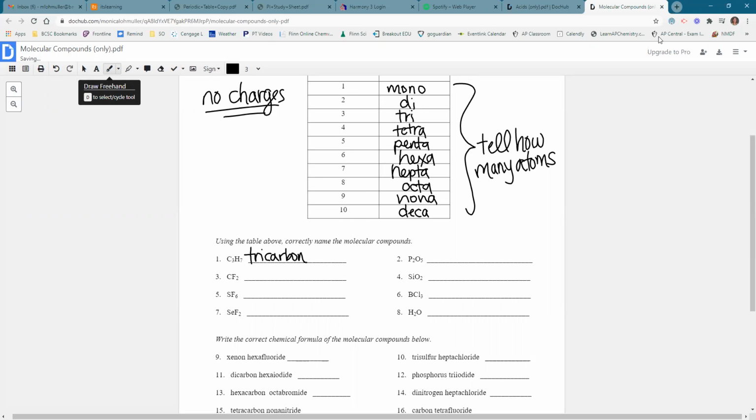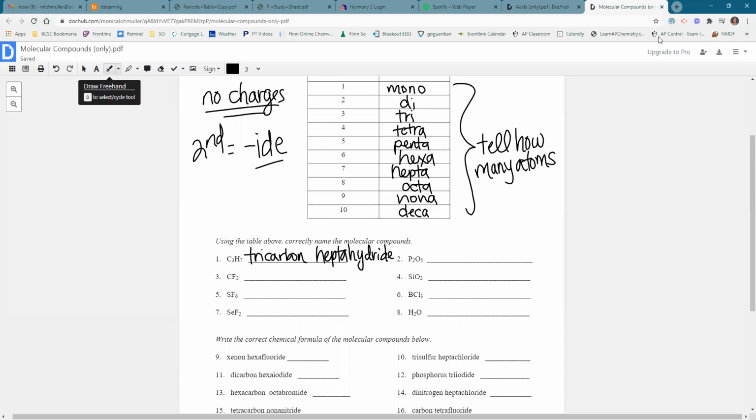And then on the second one, you have to put the IDE ending, just like we did previously, but we don't do that on the first one, just on the second one. So tricarbon, and then 7 H's will be heptahydrogen, but it's going to be heptahydride. So tricarbon heptahydride is number 1.